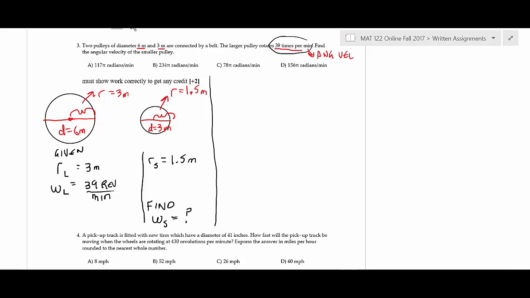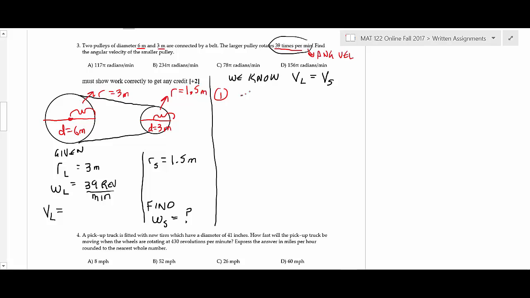One of the things that we talked about in my lecture is that the linear velocity of these two circles is going to be the same. So we know the linear velocity of the large pulley is the same as the linear velocity of the small. And what we can do right now is find the linear velocity of the large because we have enough information.